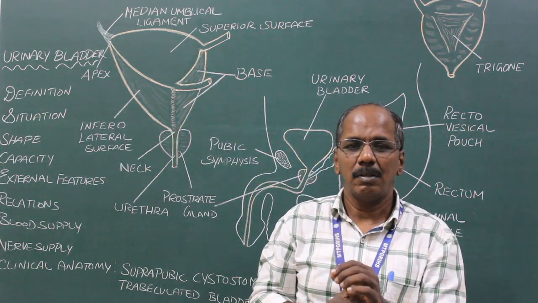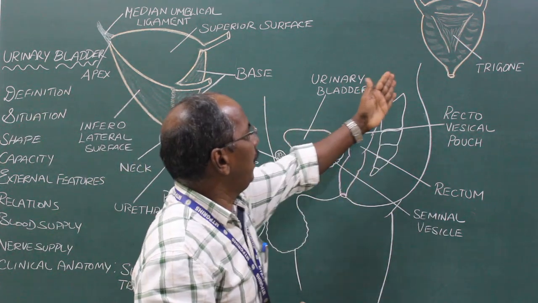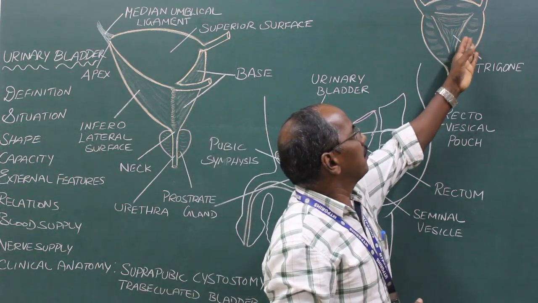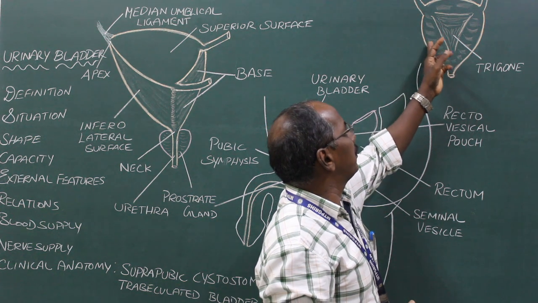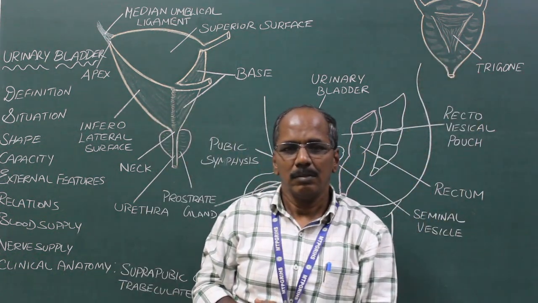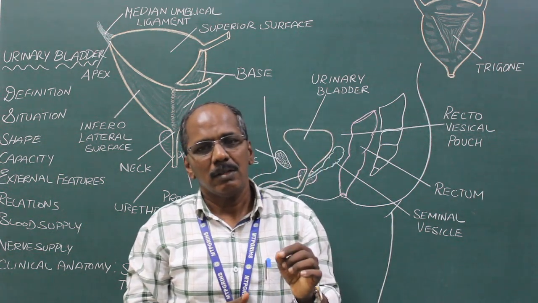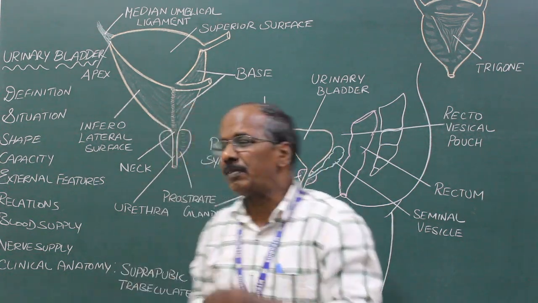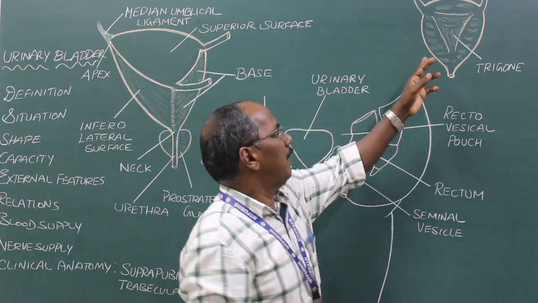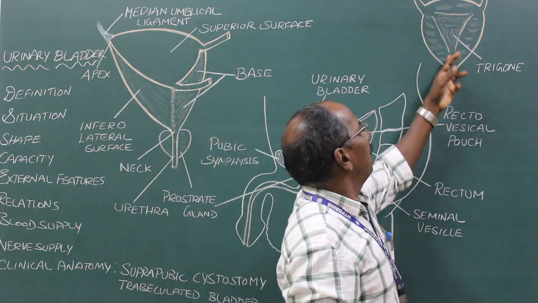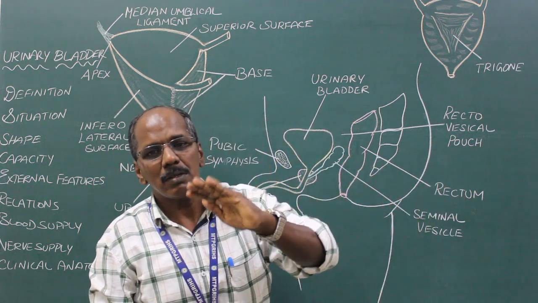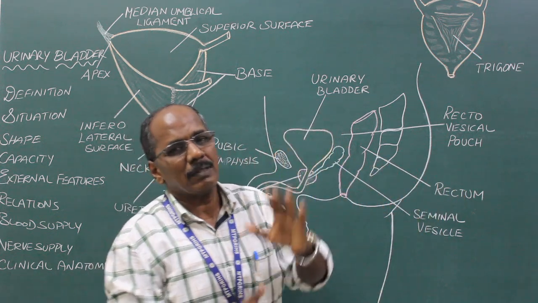Interior of urinary bladder. The interior of the urinary bladder is lined by mucous membrane which is thrown into irregular folds known as rugae. The mucous membrane lining the internal surface of the base or posterior surface presents a triangular area where the mucous membrane is thin and smooth, that is, the folds are absent.